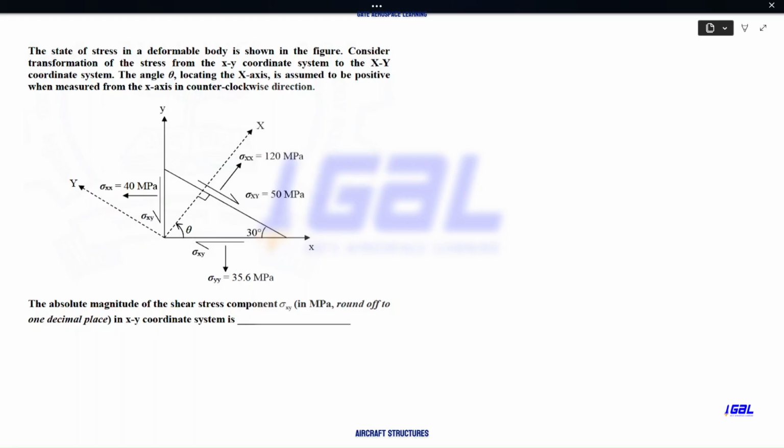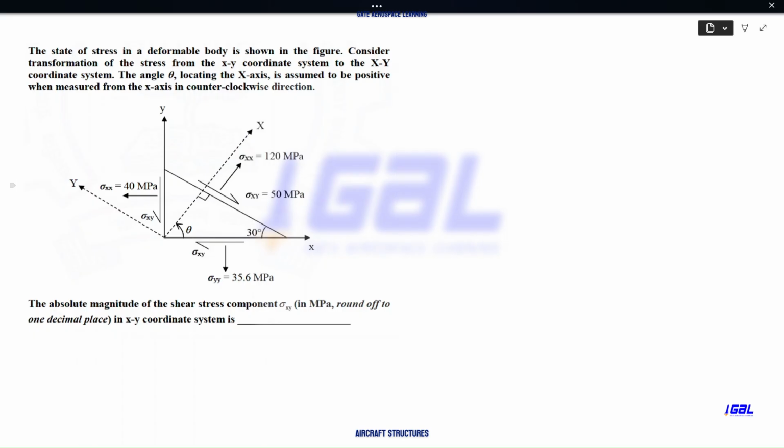So the state of stress in a deformable body is shown in the figure. Consider transformation of stress from the xy coordinate system to the capital XY coordinate system. That means they are transforming the stress system from this axis to this new axis.